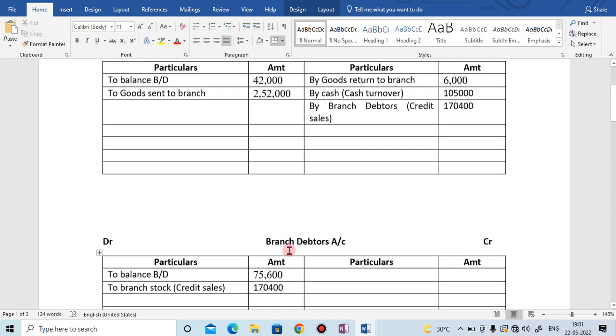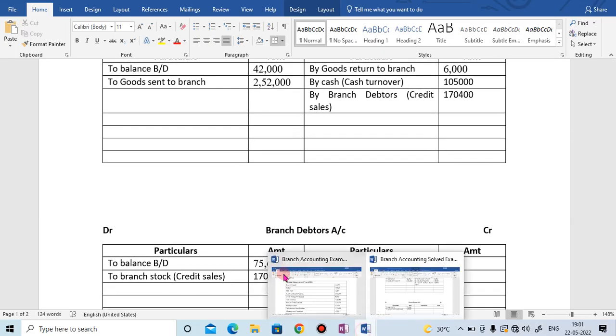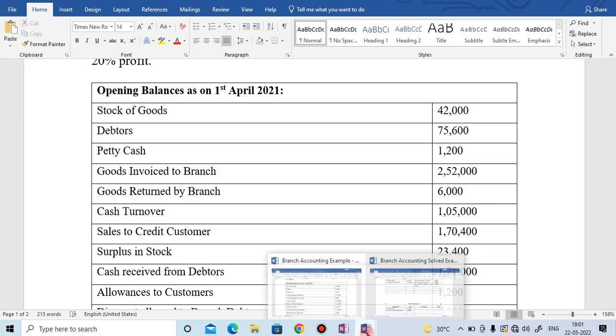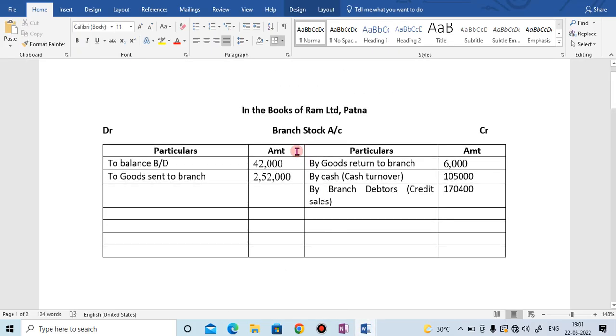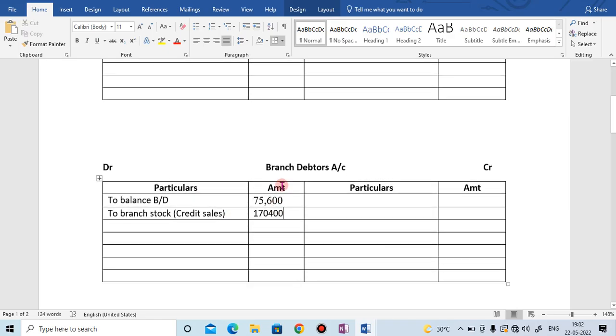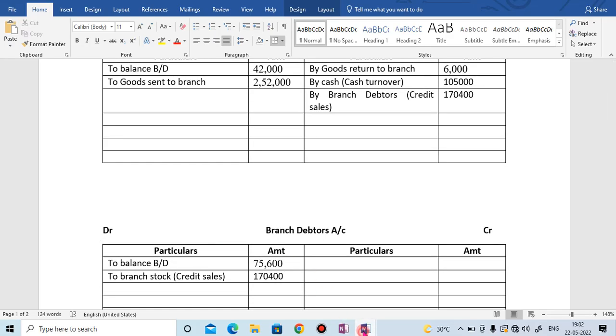Okay, you understood? I hope you have understood this entry of sales to credit customer 1,70,400. There will be two entries. One will come in branch stock account and second effect will come in branch debtors account.